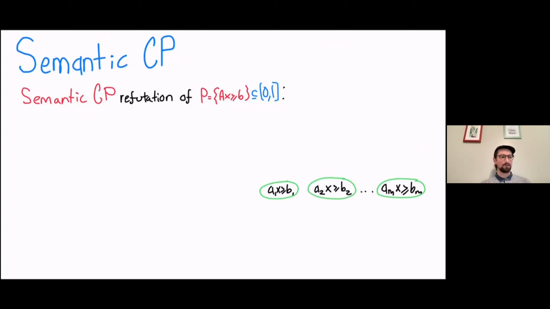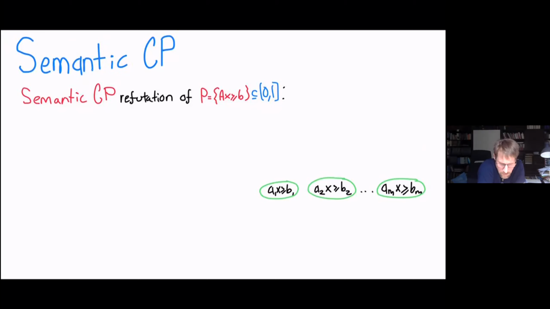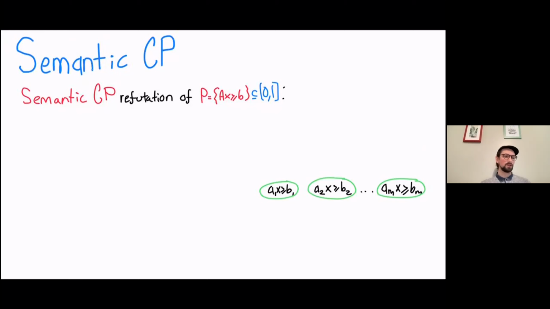In semantic cutting planes, you're just allowed any sound inference, but fan-in has to be 2. Semantic cutting planes only works for polytopes in 0,1 to the n, so we're only going to look at those. And our goal is to derive the trivial unsatisfiable linear inequality 0 greater than or equal to 1.